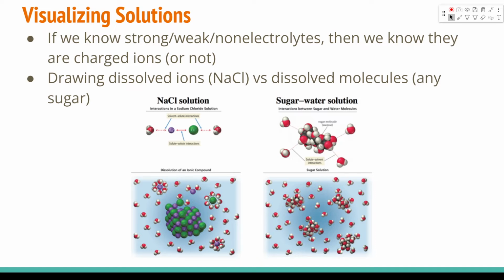Sugar water. Sugar is this molecule you could see right here. For example, sucrose is one of the sugars you can have. And so you have the interaction between this sugar and this water, and it's going to be an IMF. Now, it depends on what the formula is. Is there a dipole or not?